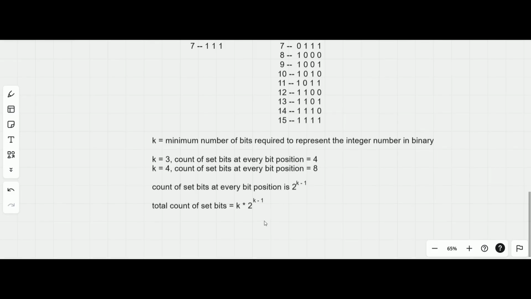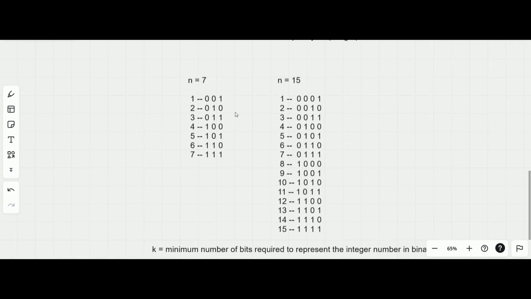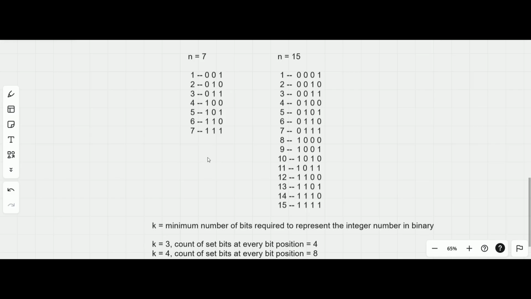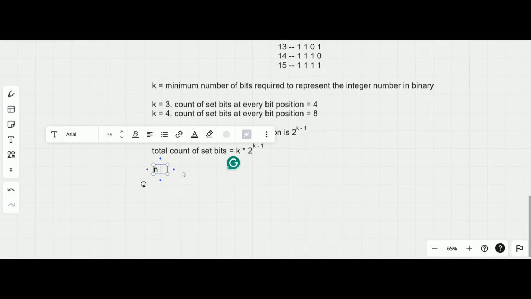So let us try applying this formula. In both our examples, where n is 7, we need 3 bits to represent all the integers up to 7. So k's value is 3.